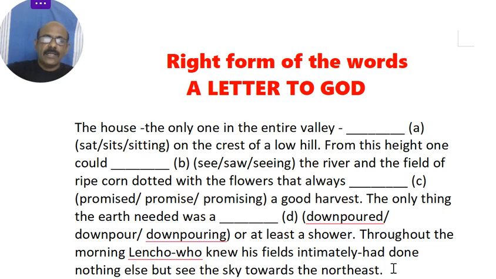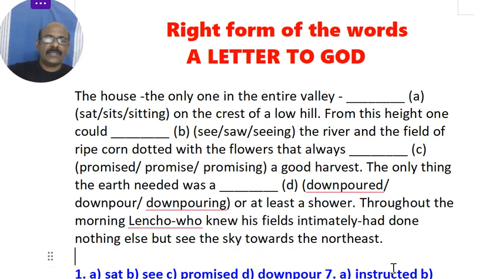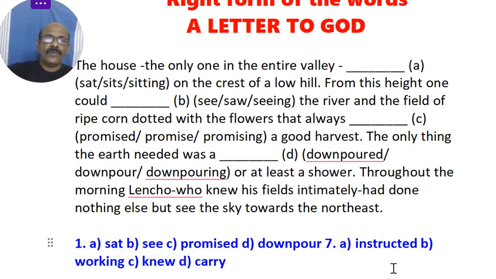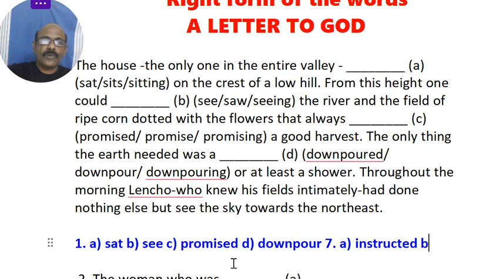The answers are given below, nothing to worry about: sat, see, promised, downpour. So the thing is, we have to understand the sentence. When the sentence is in the complete past tense, you are going to use the verb in the past tense only.